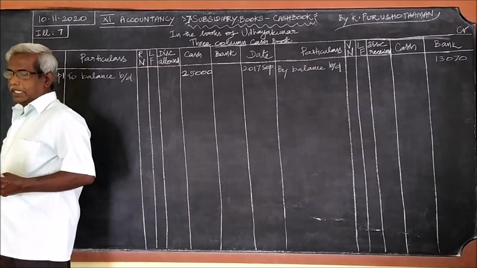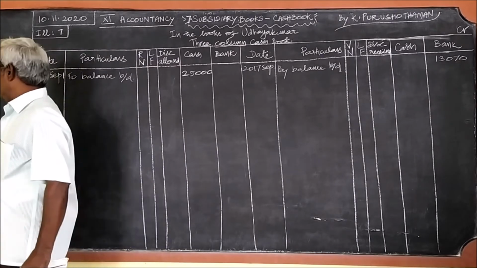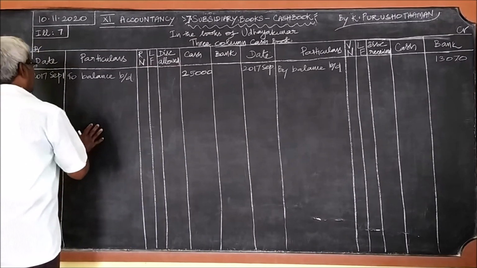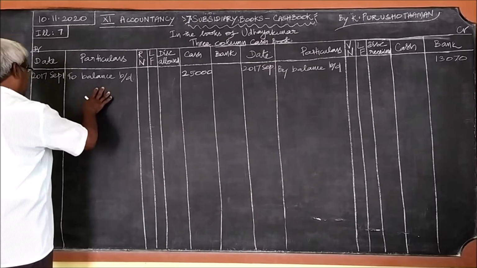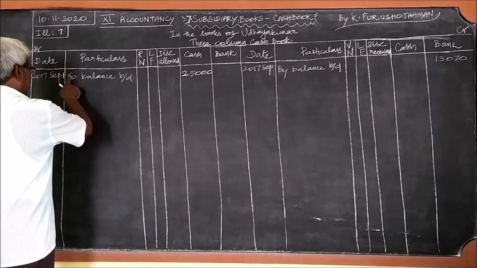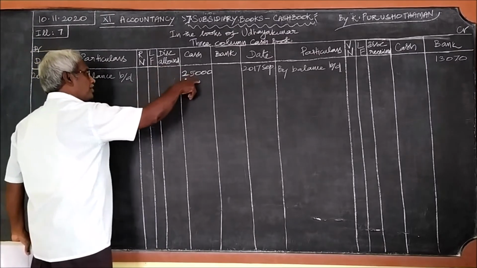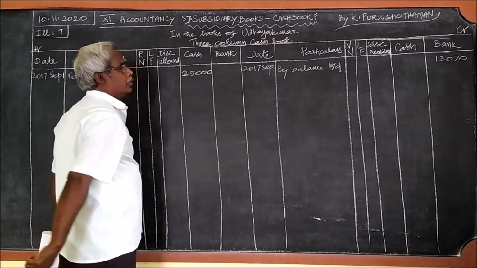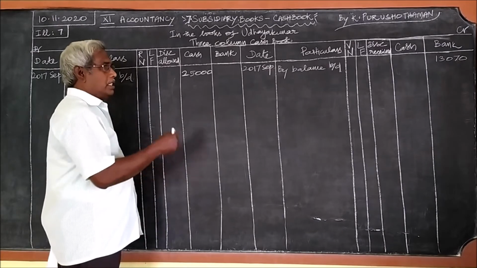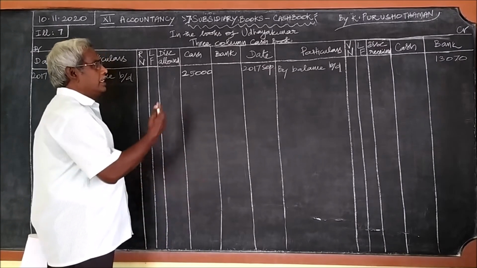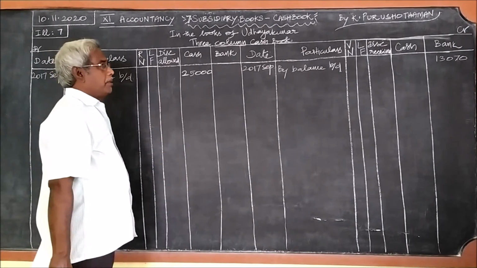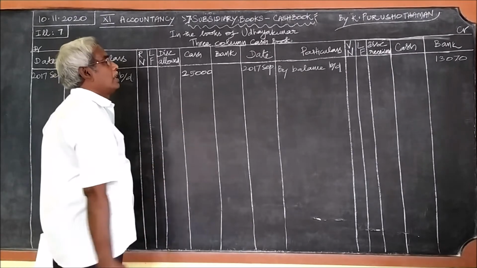You should understand the difference. If it is simply given cash balance and bank balance, we write the ordinary balance only on the debit side, to balance brought down, cash amount in the cash column and bank amount in the bank column. But here the speciality is that it is given as credit balance. Sometimes it may be given as bank overdraft.